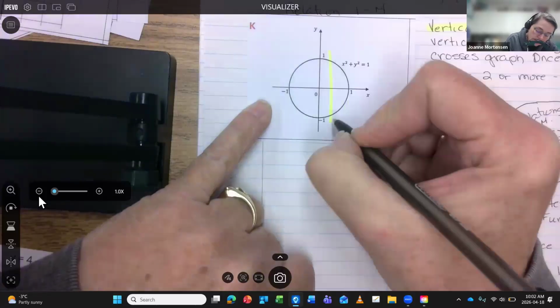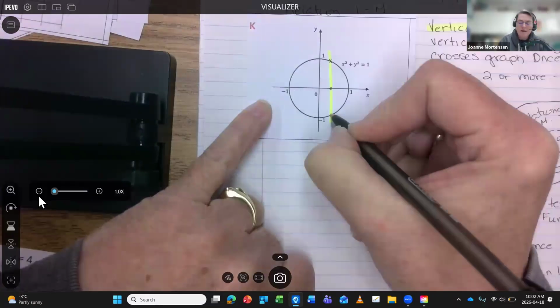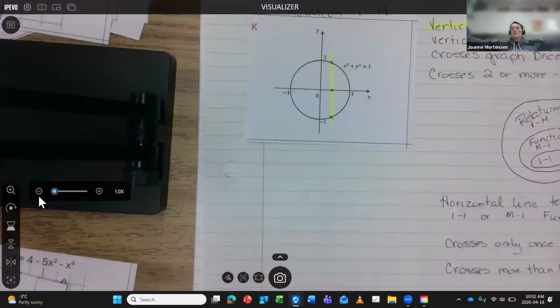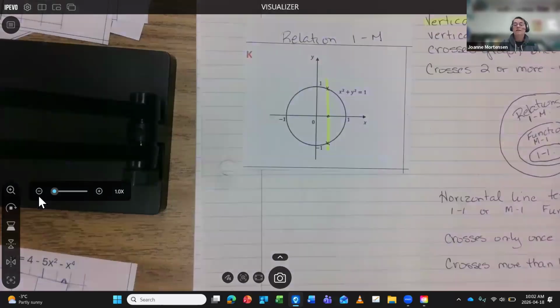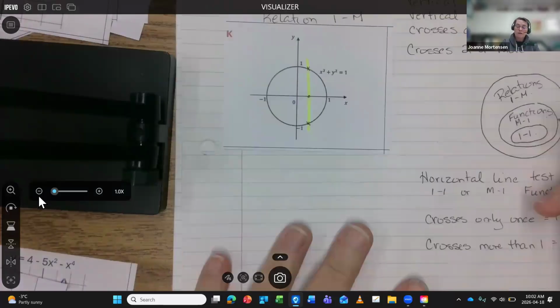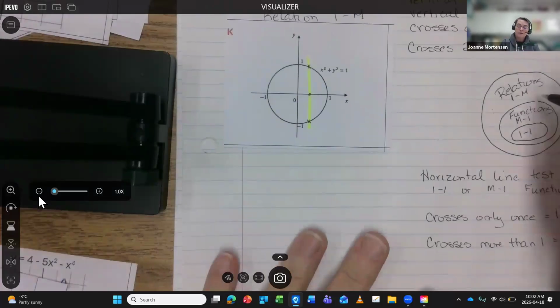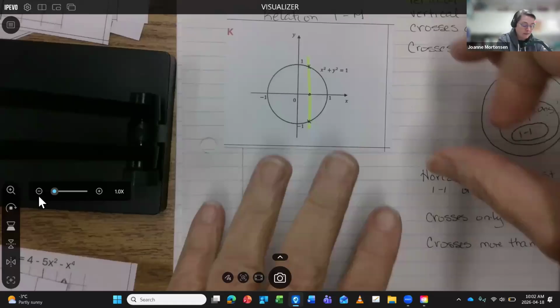So one x, whatever x this is, went with this y and it went with that y, and ta-da. It's a relation and we're done, right? If it fails the vertical line test, if it becomes just a relation, not a function, you're done because it means you're stuck out here somewhere. You're not in the super special functional subsets. All right, done.